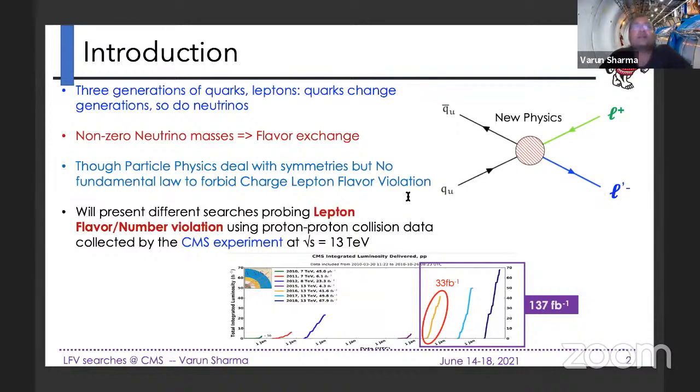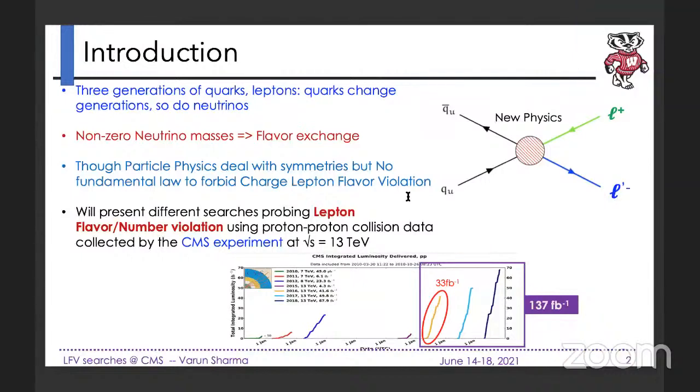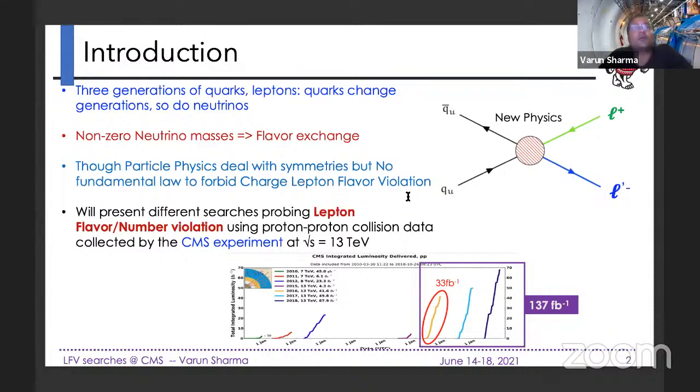It comes from the fact that neutrinos have non-zero mass. They are not really massless, that is why they change flavors. Despite all the precision that we know of the standard model of particle physics, which deals with a lot of symmetries, there is still no fundamental law why there should not be any violation of lepton flavor or lepton number. So that's what I'll be talking about.